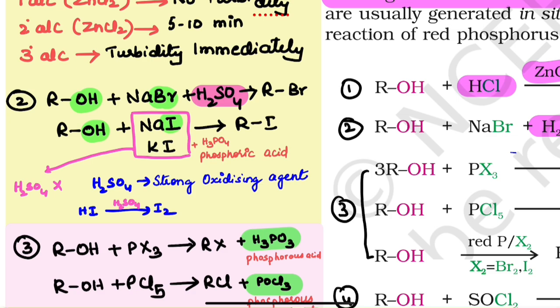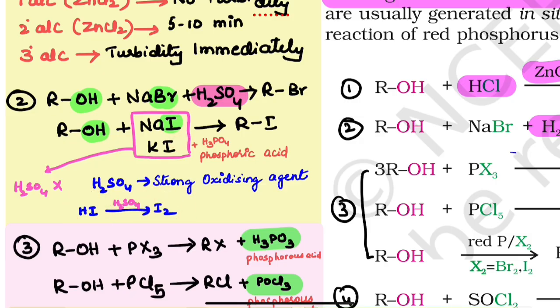Here the question can be asked: why is sulfuric acid not used here, and instead we are using phosphoric acid? See, the reason I have also written here. Sulfuric acid is not used because it is a strong oxidizing agent. It will convert hydrogen iodide, which is formed in the reaction, to iodine.